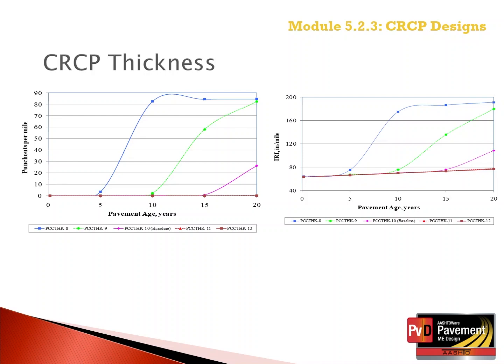Reducing tensile stresses means you're increasing the allowable number of load applications. IRI is also very sensitive to CRCP thickness, but predominantly because the number of punch-outs is included in the regression equation. And since the number of punch-outs is extremely sensitive to thickness, IRI will be very sensitive to thickness.